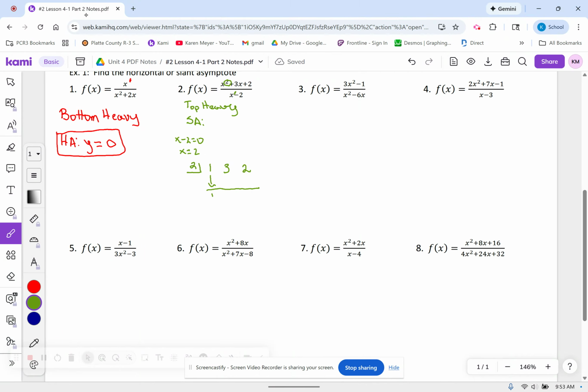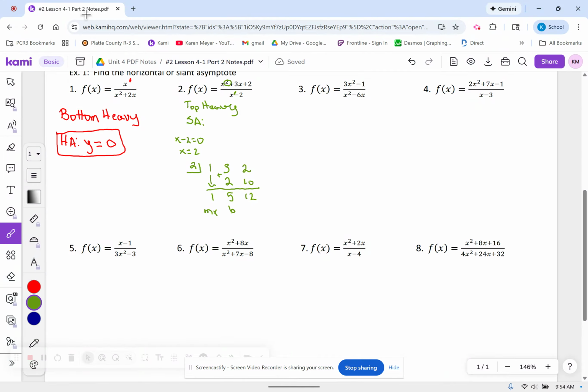Drop your first term and then multiply. Now add, and then multiply, and then add. Remember, slant needs to look like y equals mx plus b. So your first number is your mx, and your second number is your b.